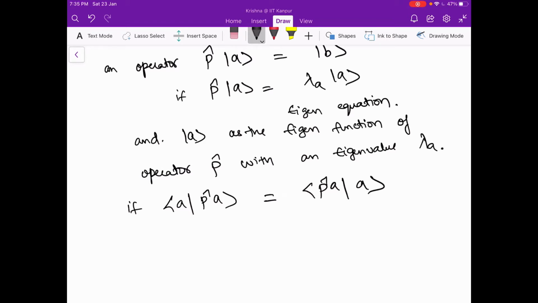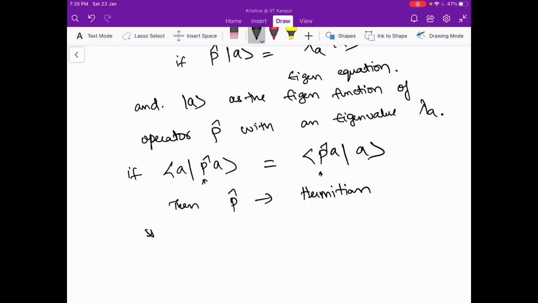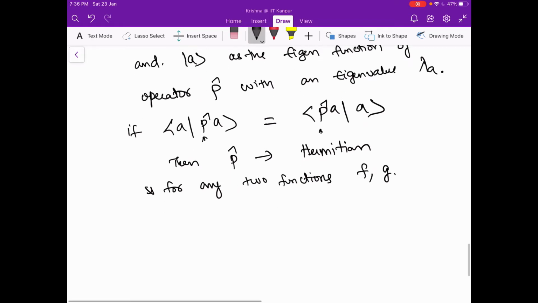If there exists a P such that this relation holds true, then this P is called Hermitian, and for any two vectors, or we are talking about functions here, any two functions f and g, if such a relation is true, if there exists a Hermitian operator P, then we can take any two functions and also prove this to be true.